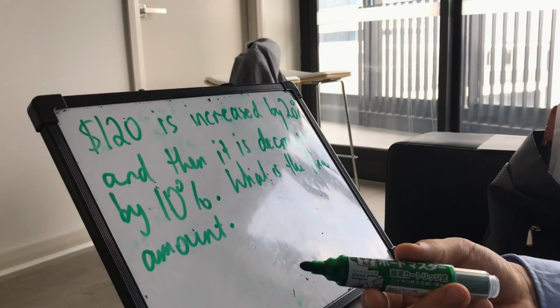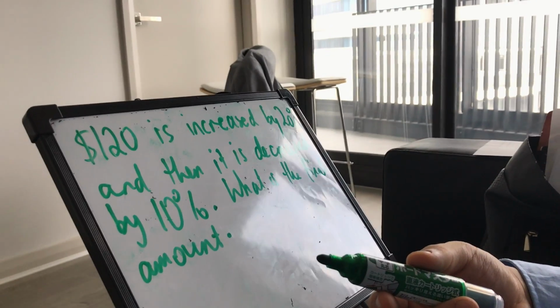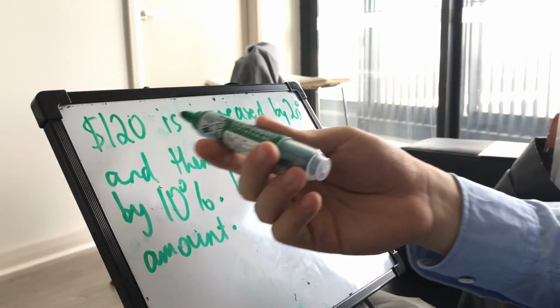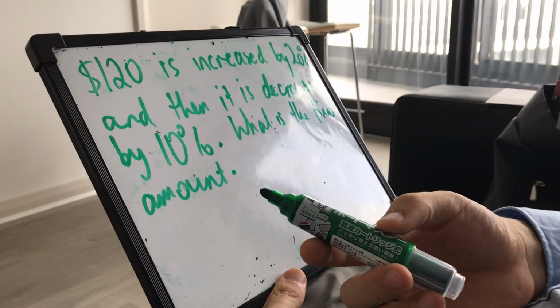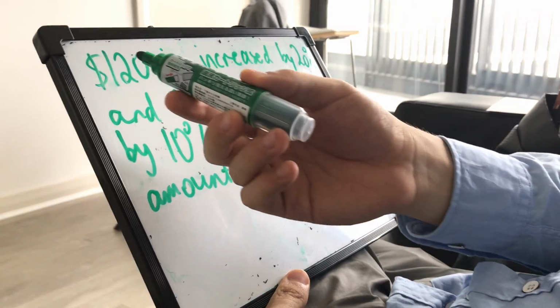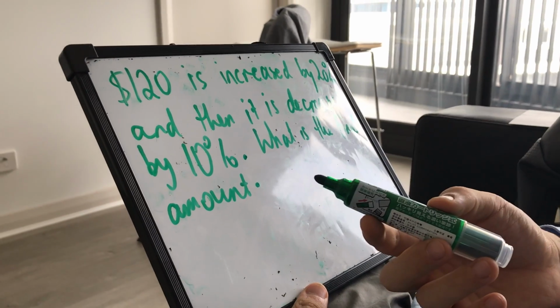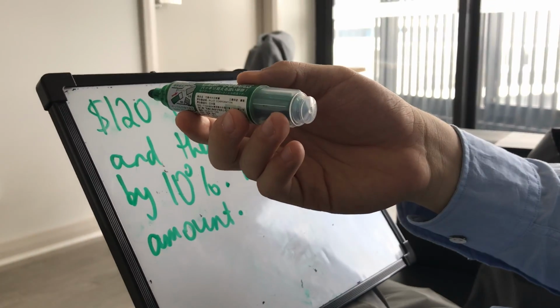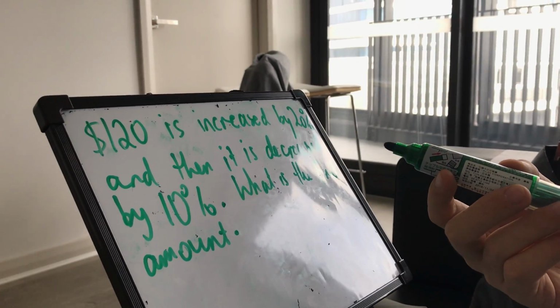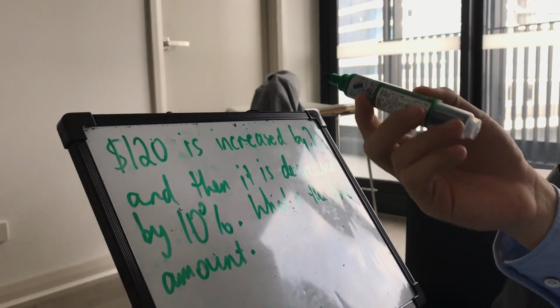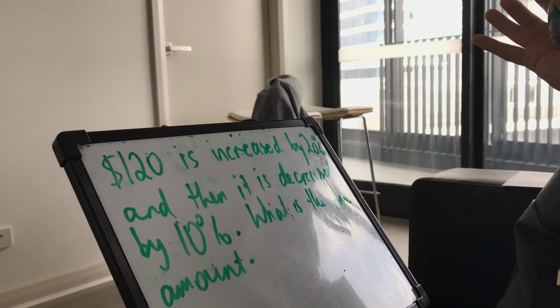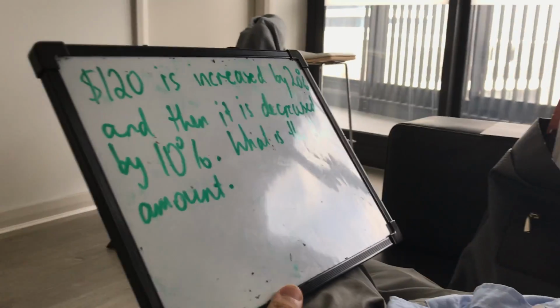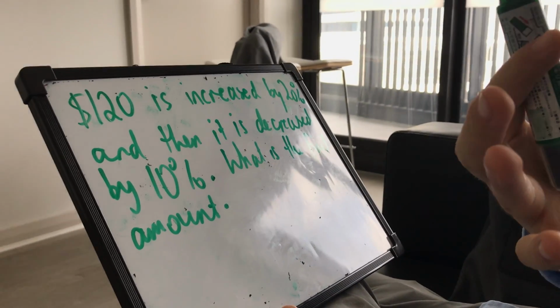Now, the way it's worded, you could even think, well, it's increased by 20%, as if you had some price tag that's marked up by 20%. And then later you decided to cancel that markup, and then you decided to decrease it by 10%.